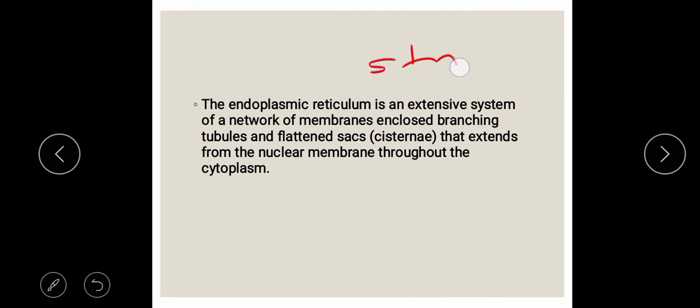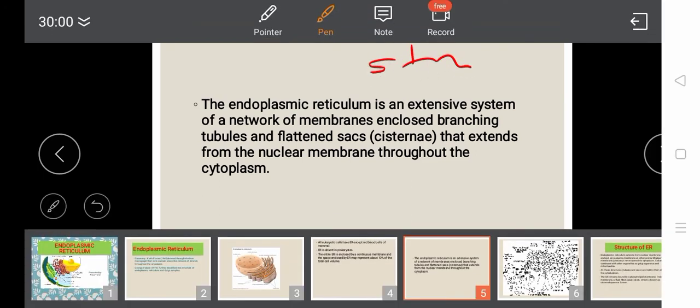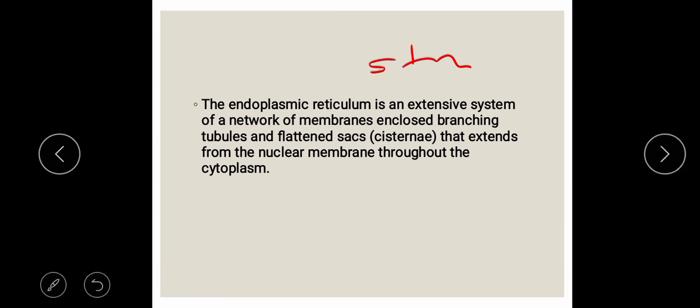The endoplasmic reticulum is an extensive system, a network of membrane-enclosed branching tubules and flattened sacs called cisternae, that extend from the nuclear membrane throughout the cytoplasm.